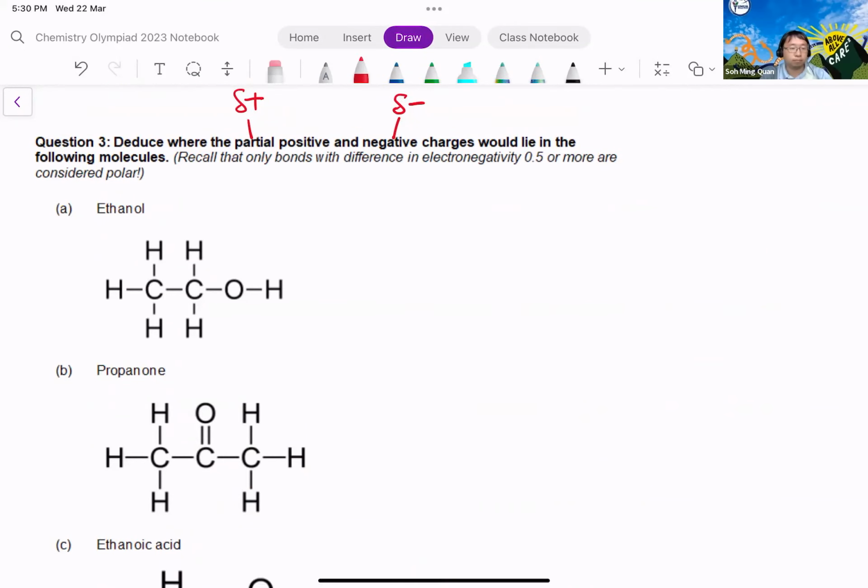And please remember, polar if the difference in electronegativity is 0.5 or more. Okay? So think first, carbon and hydrogen. Is the difference between carbon and hydrogen 0.5 or more? You can make use of the values given to you on the previous page to work it out. So I give you 4 minutes to work it out.